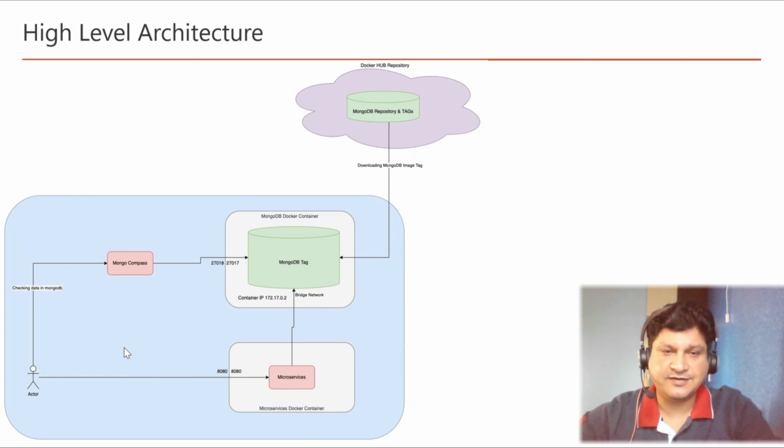Right, friends? Clear? Very simple. Two Docker containers. One is for the database, one is for microservices, and they will interact with each other for database connectivity, and we'll be testing those services. So there are three things that you are going to learn thoroughly in this tutorial: Node.js, MongoDB, and Docker containers. Okay, friends?